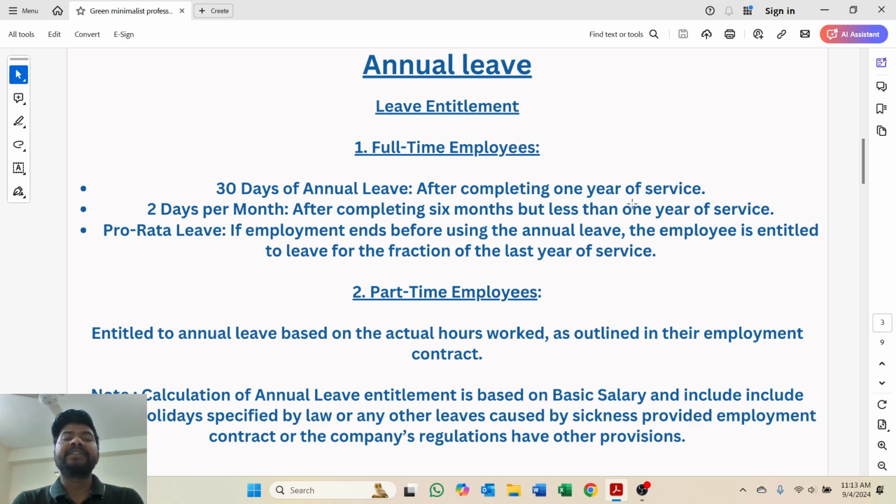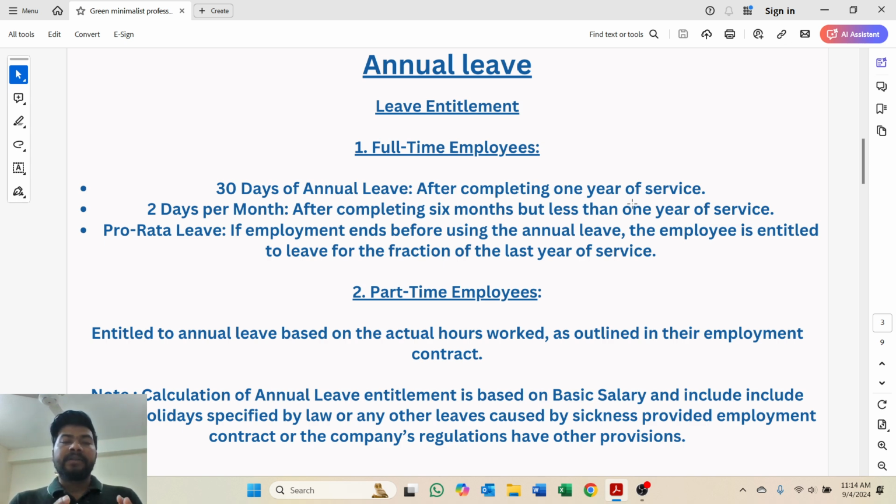And suppose someone leaves the company and their employment ends before using the annual leave. In that case, the employee is entitled to leave for the fraction of the last year of service, calculated on a pro rata basis.